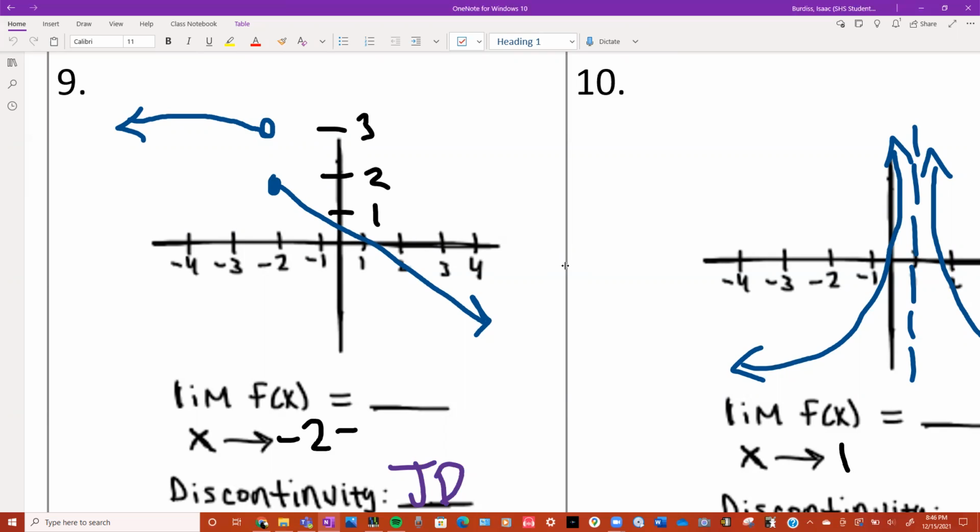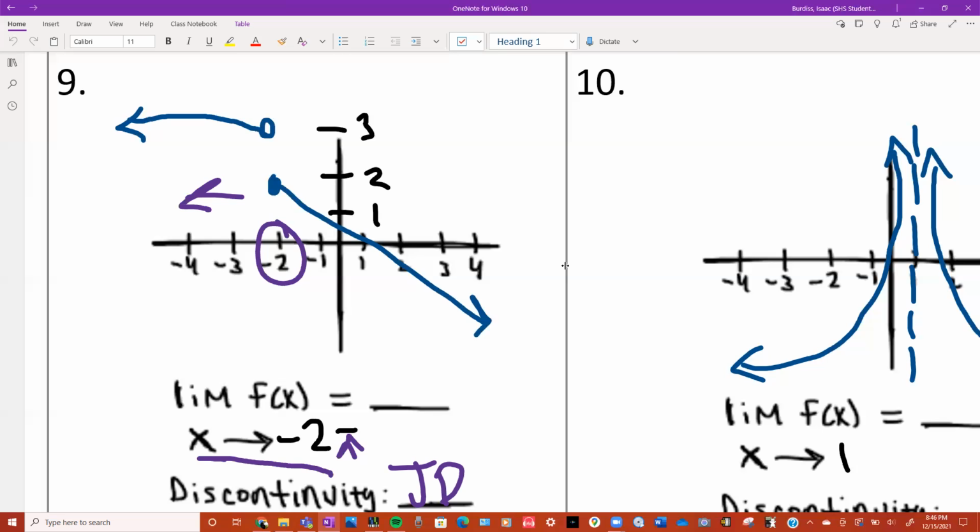But remember what these things mean? It's saying as x goes to -2, what does that minus thing mean? From the left. So as x gets to -2 from the left, so coming from over here, that's a little bit of a confusing thing sometimes, because you're thinking from the left, that really means you're going to the right, but you just basically look to the left of -2.